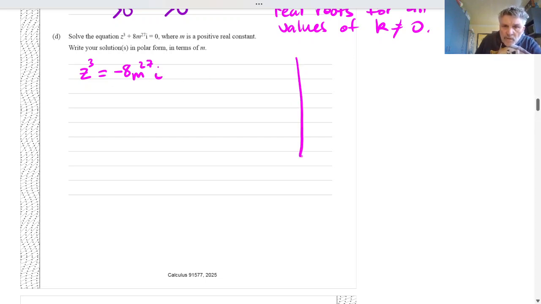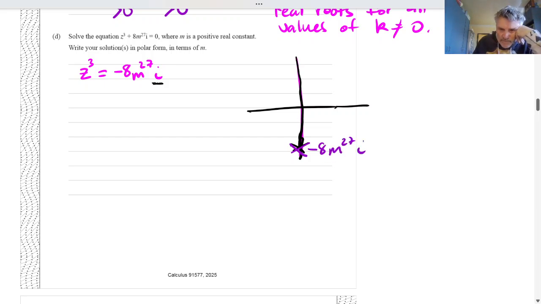It's useful to draw an Argand diagram. Our complex number is purely imaginary. So that means we've got a point down here somewhere. That is minus 8m to the power of 27i.